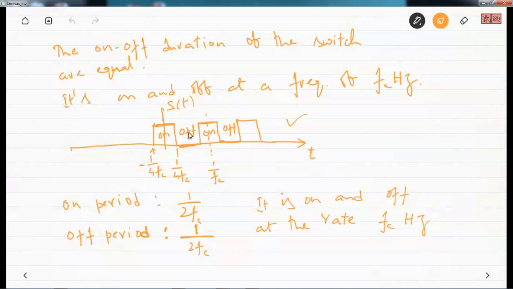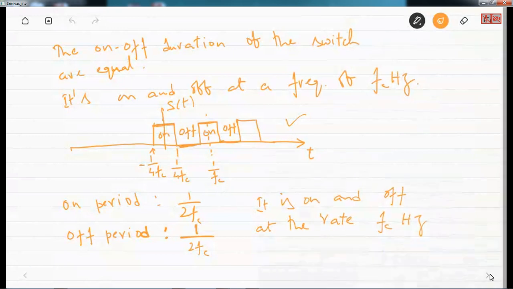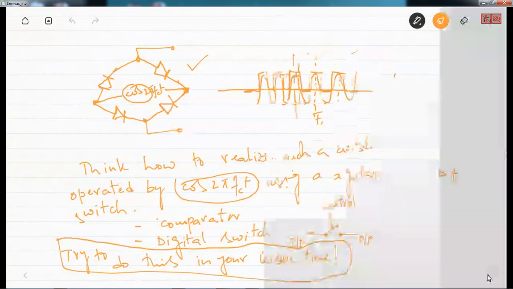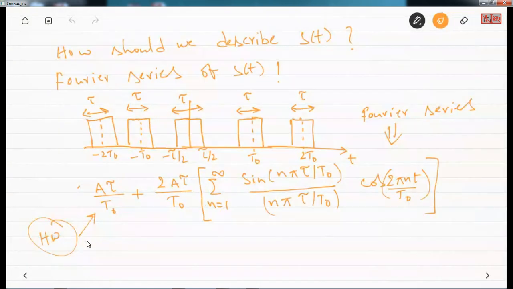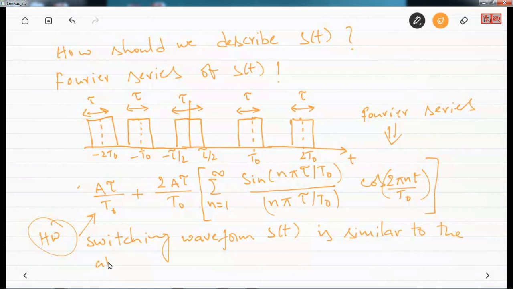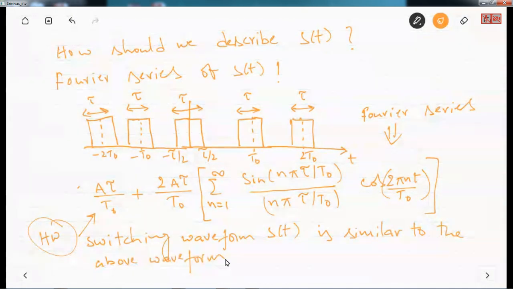That means our switching waveform s of t is similar to the above waveform, with tau equal to 1 by 2 fc.